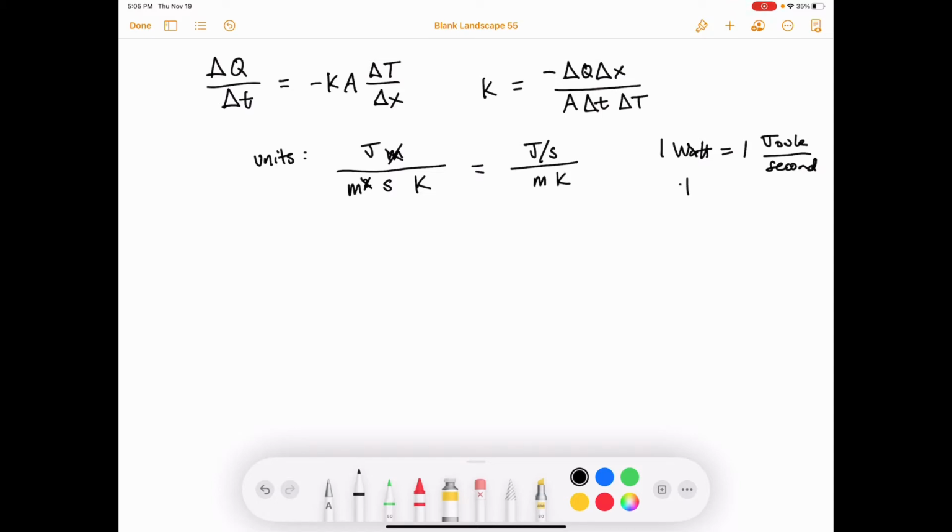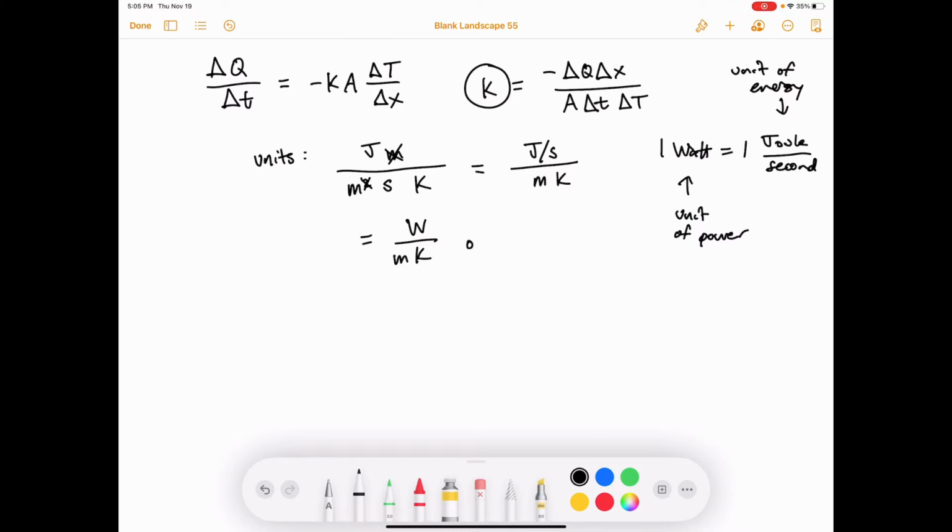So this is a unit of power, whereas the joule is, of course, a unit of energy. So then our units for K, the thermal conductivity, are watts per meter per Kelvin.